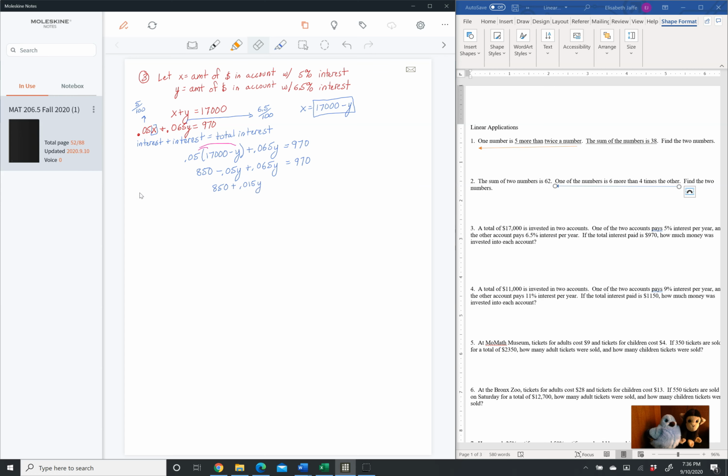Now we subtract 850 from both sides. $970 minus 850 gives us 120, so we have 0.015y is equal to 120.